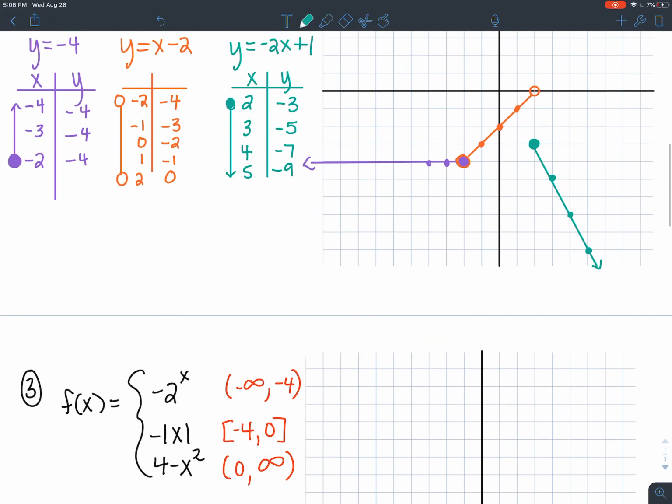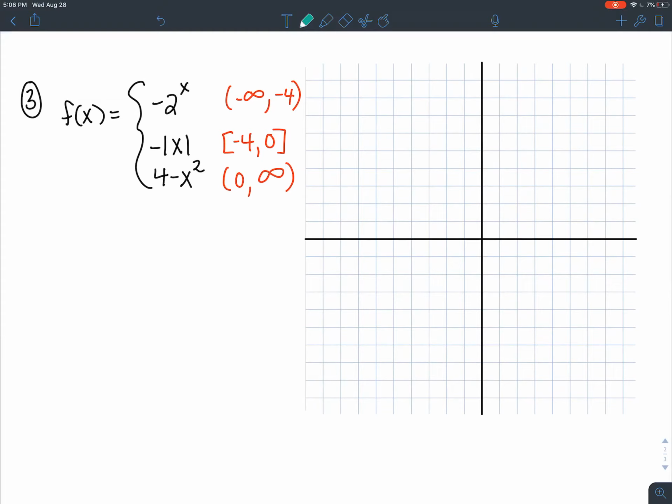All right. Next problem. So pause the video, write it down. All right, I'm going to do the same thing, different colors. You should know that number 3 is going to be a little bit of an exponential graph. All right, so we're going to do this.